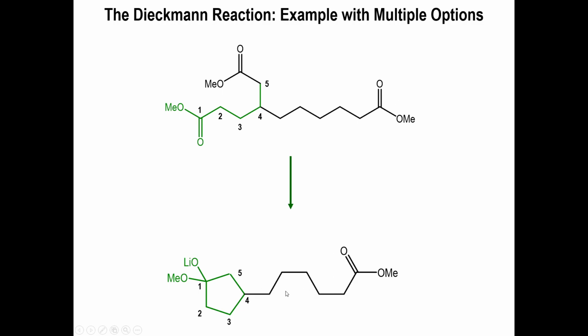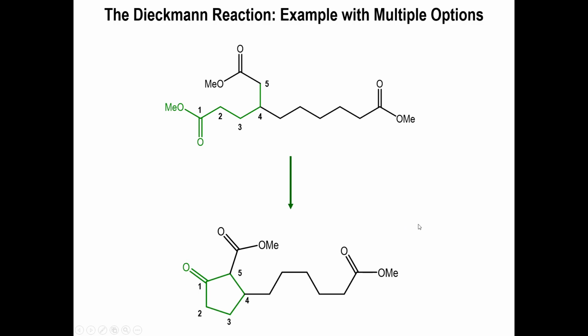And then at position 5, we have the remaining ester that was there to begin with. And just to be on the same page, position 5 is the position where the deprotonation happens. That's where the enolate gets formed, and that's the enolate that attacks position 1 in the ester down here.